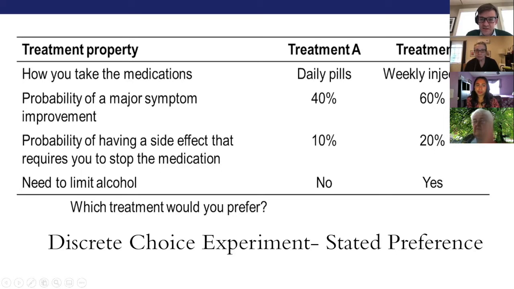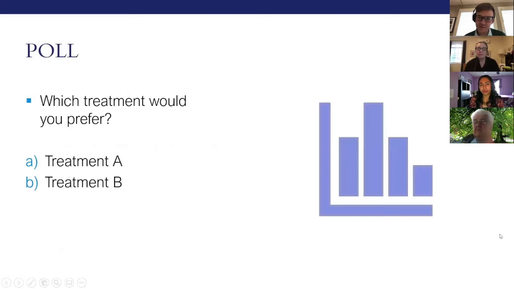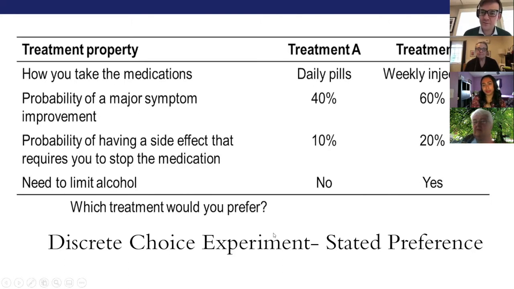It has a 60% chance of improvement versus 40% with A. But for treatment B, you have to take injections instead of pills, there's a higher chance of having a side effect, and you need to limit your alcohol consumption. So again, we'll open it up as a poll to see which treatment people would choose.